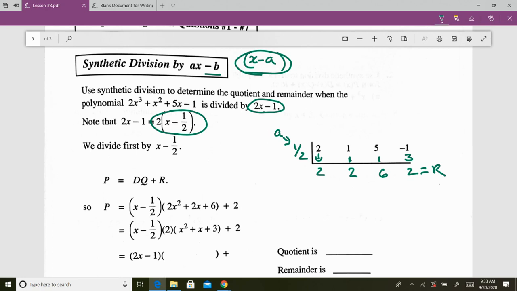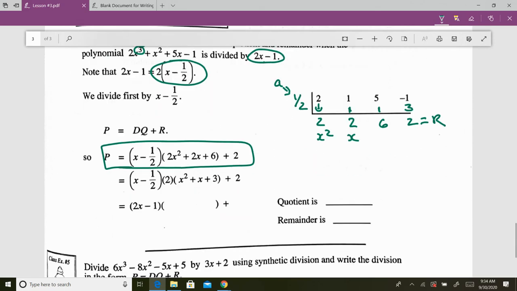My quotient, we're dividing a cubic by a linear, so it should be a quadratic. So this would be x squared, that would be x, that's the constant term. In fact, if you write it as dq plus r, this is it right here. Now, when you factor out 2 here, your quotient is all going to be multiplied by a factor of 2, or whatever number you multiplied out.